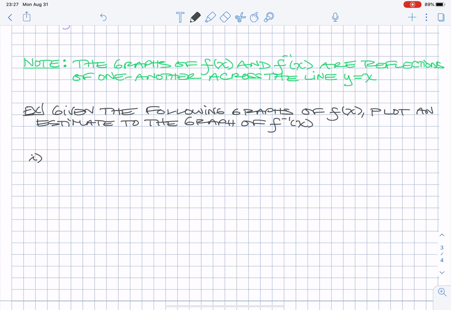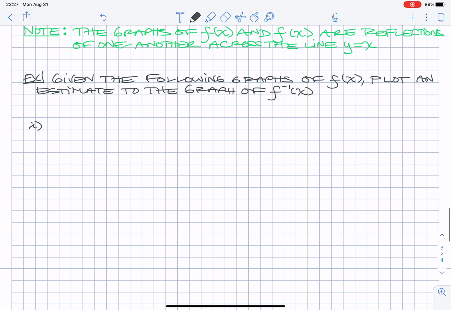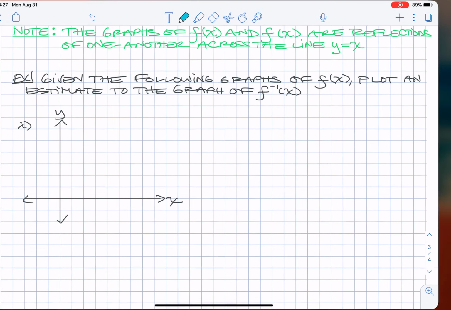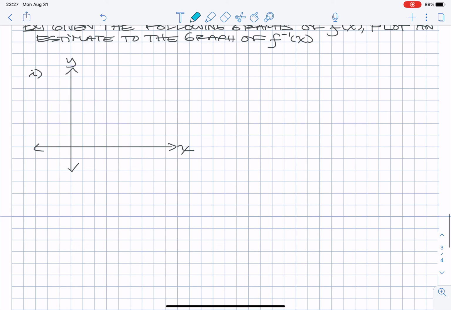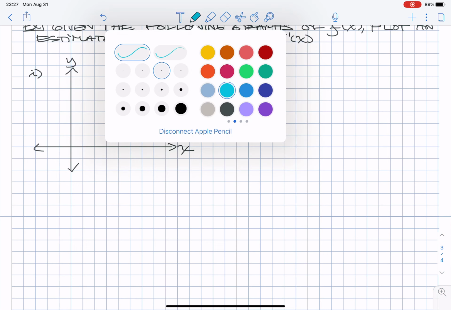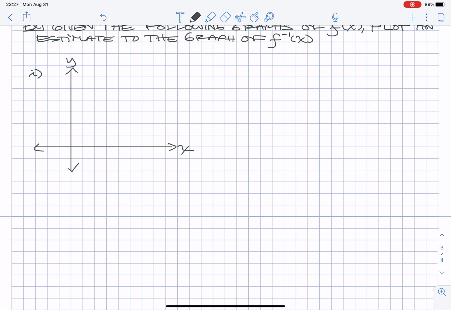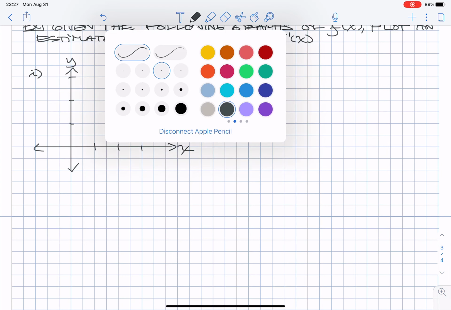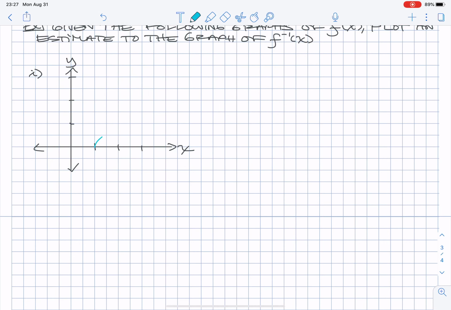Okay, so number one, x and y coordinate axes. Let's focus more on quadrant one here, just for this problem. So x and y. Let's say we have a function that looks like, oops, I don't know, what shall we say? Let's say it looks something like so.